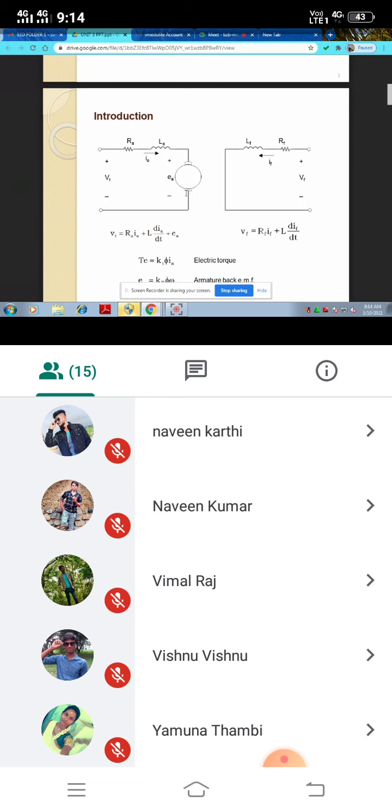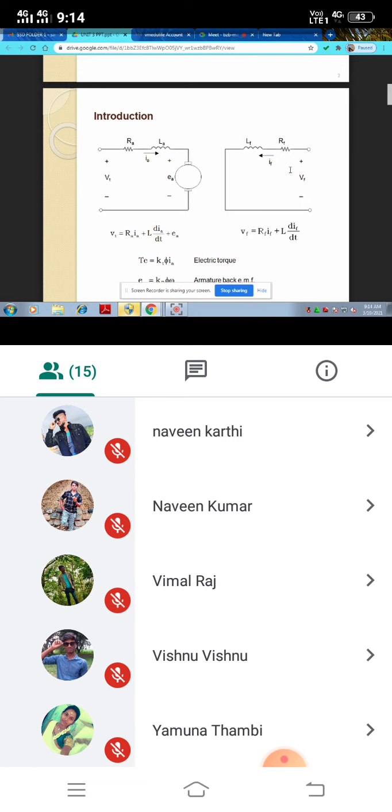Apart from this equivalent circuit, we have one field circuit. That field circuit is always connected in parallel across this DC motor. That equivalent circuit has field resistance and field inductance. This input has field voltage and field current.